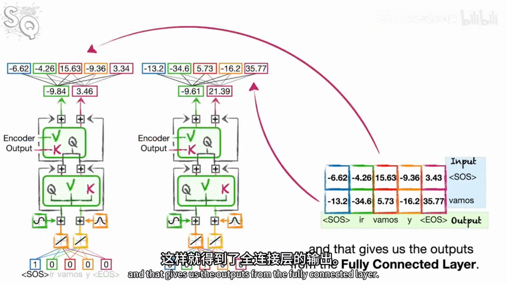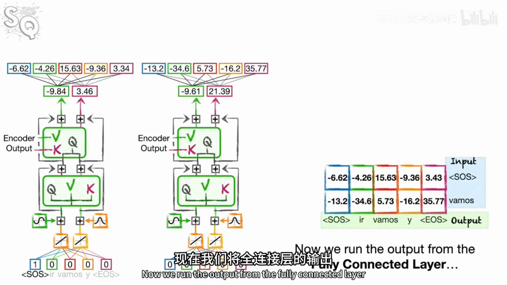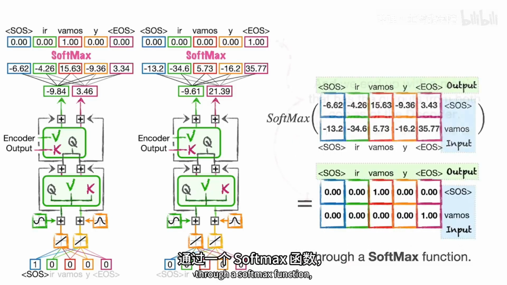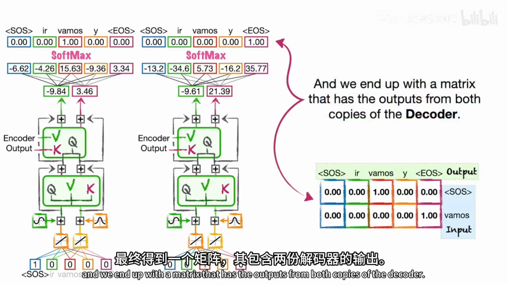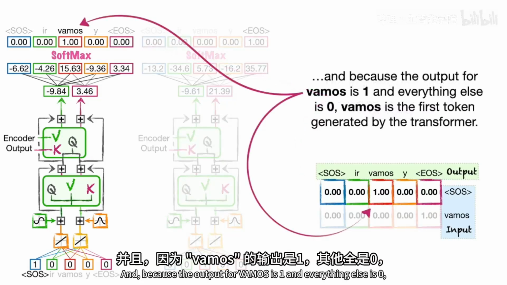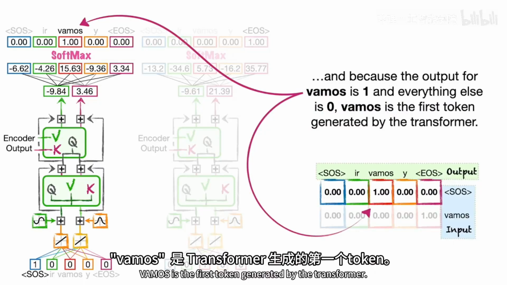That gives us the outputs from the fully connected layer. Now we run the output from the fully connected layer through a softmax function, and we end up with a matrix that has the outputs from both copies of the decoder. The first row contains the outputs from the first decoder, and because the output for vamos is 1 and everything else is 0, vamos is the first token generated by the transformer.